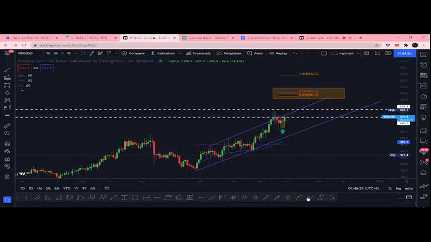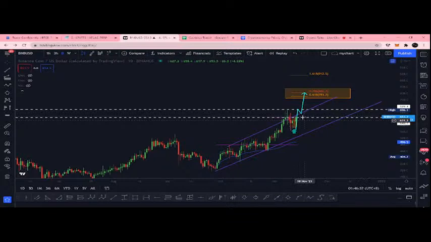Tingnan natin how it moves from here. Kasi kung mag-breakout, possibly that may be the case. Pag mag-breakdown yan, medyo nasa gitna kasi siya, it's really at the middle.